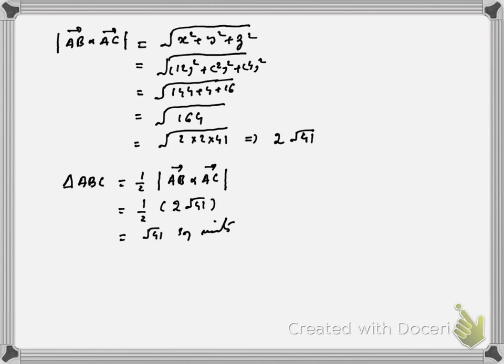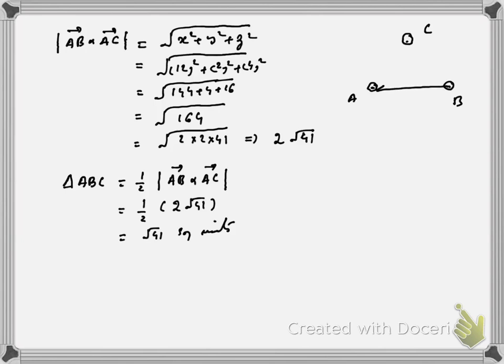One thing more, we can also calculate area of triangle ABC by using other vectors. Suppose A, B and C are the same points.